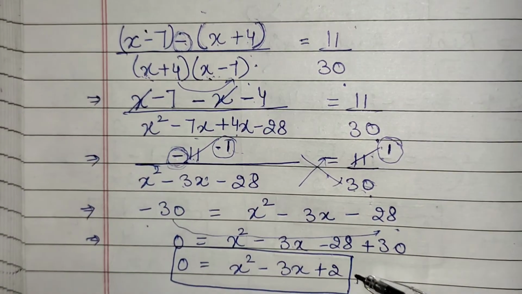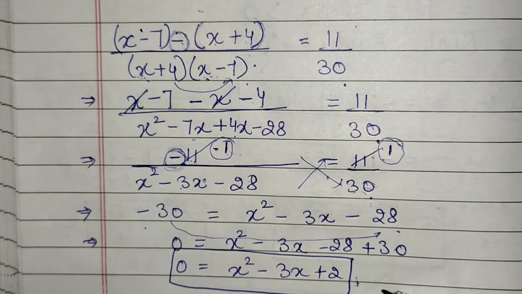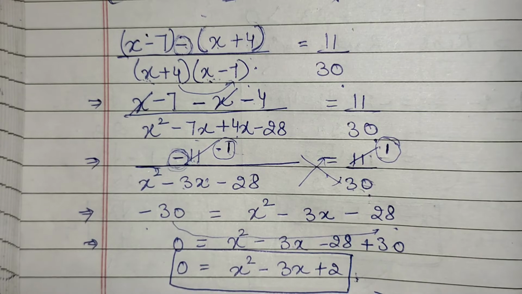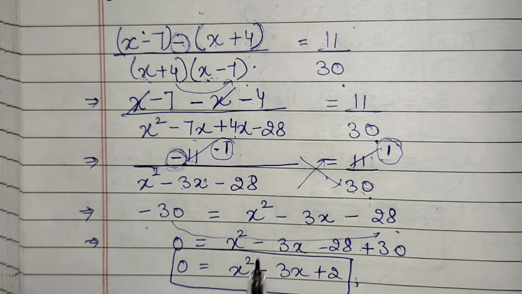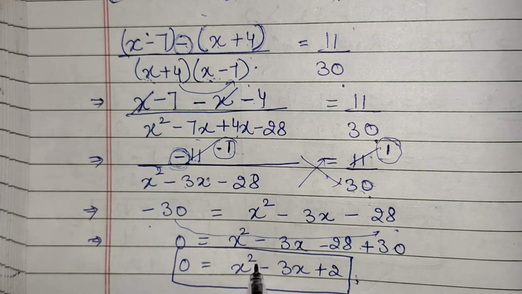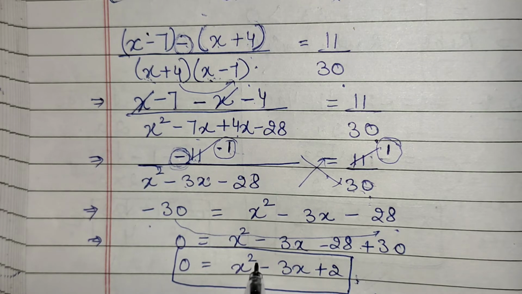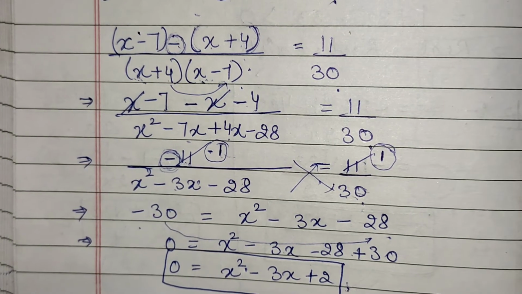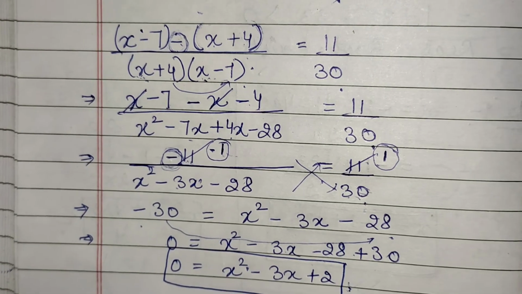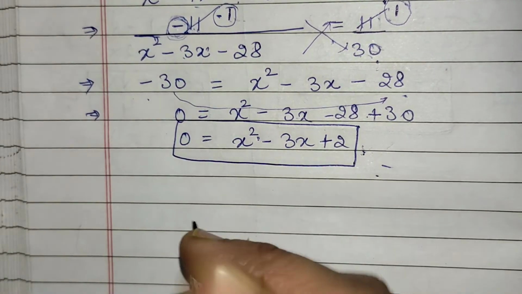But when we have simplified our equation, then we are able to get our quadratic equation. Okay, so this is a quadratic equation because the highest degree of this is equal to what? 2. So now you can solve your equation by using any method to find out the roots.